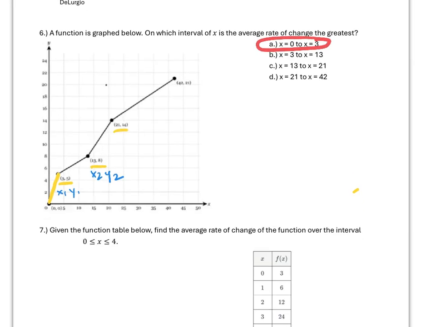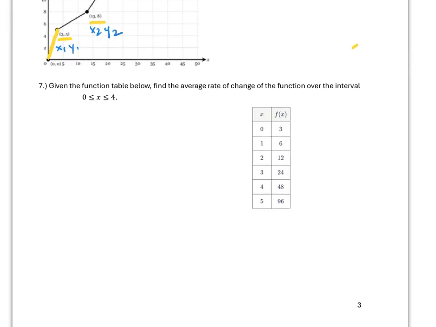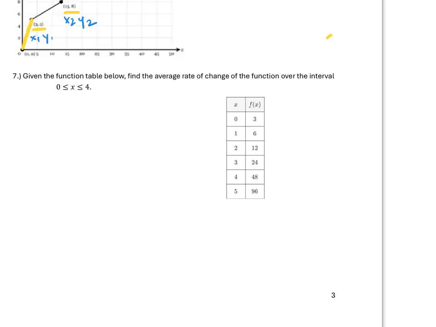Okay, last up, I just want you to see this because some of the data will give you intervals like this. Sometimes they give us them in interval notation, sometimes they give us them in inequality notation. So remember, just for review, that this is the same thing as 0, 4 in brackets. So this would be our x1, this would be our x2, and then we can find the corresponding y's looking at the table.